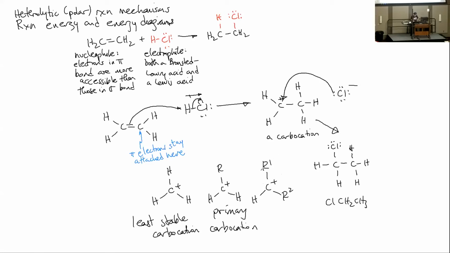So the more things with electrons in them that we can attach to that carbon, the more we'll be stabilizing it, the happier we'll be making the carbocation. Because electrons are negatively charged, and they will help to stabilize this plus charge by putting more electron density around it. That's what you need to know, not just memorizing methyl, primary, secondary, tertiary. You need also to understand why this is the order of stability. But this is then a secondary carbocation.